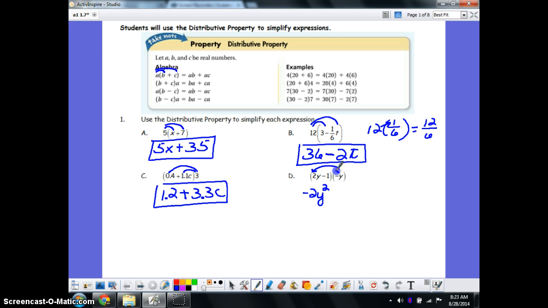Then we take the negative y times negative 1. Negative times a negative becomes a positive. 1 times y is just 1y or y. And those are the first 4 examples.